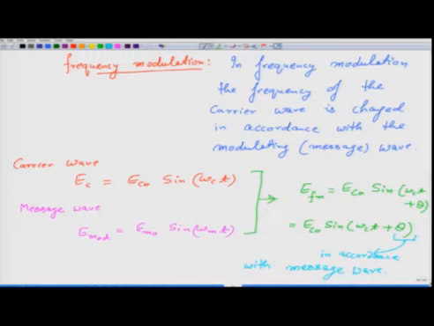So, in the frequency modulated wave, the amplitude does not change, but its frequency does change as per the modulating wave or our message wave. So, the overall representation of the frequency modulated wave will be E_c0 sin(omega_c t + theta).